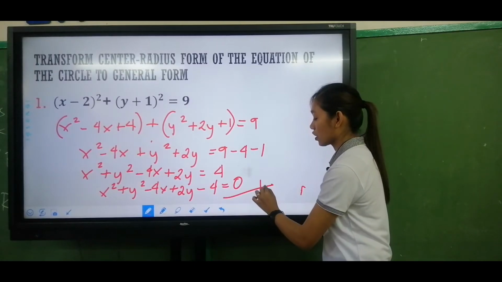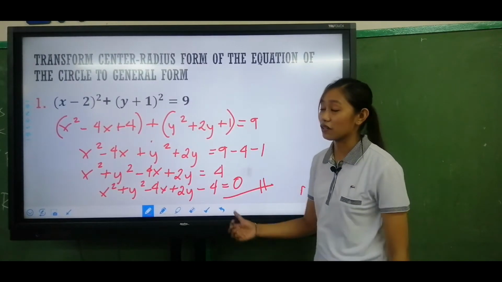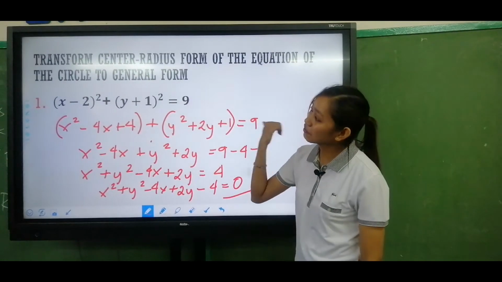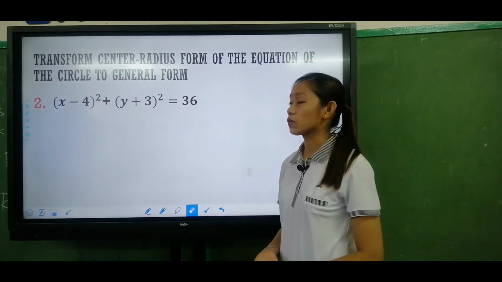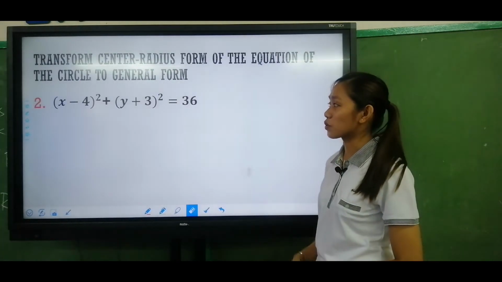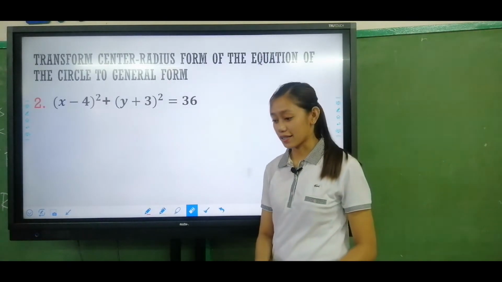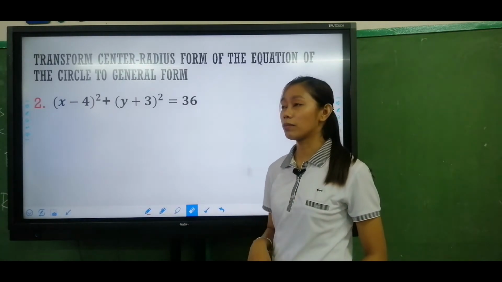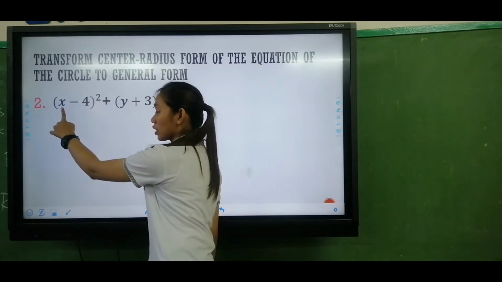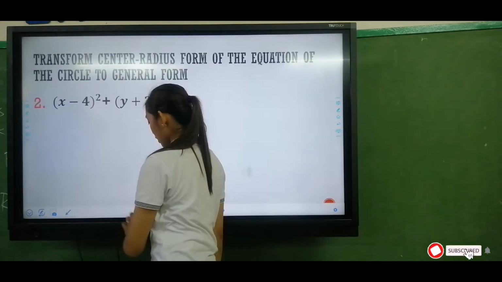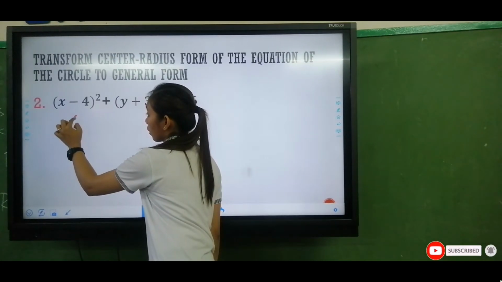This is now your general form of the equation of your circle given number 1. Let's have number 2. X minus 4 squared plus y plus 3 squared is equals to 36. 3 steps again for the square of a binomial. First step, square your first term. So your first term is x, so that will be x squared.